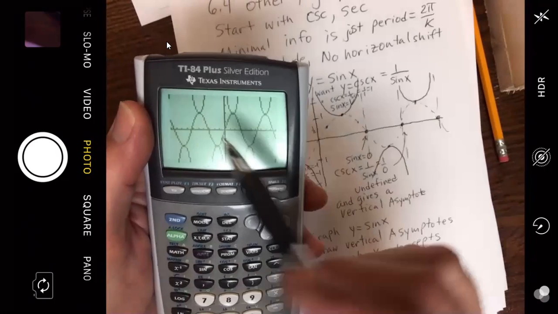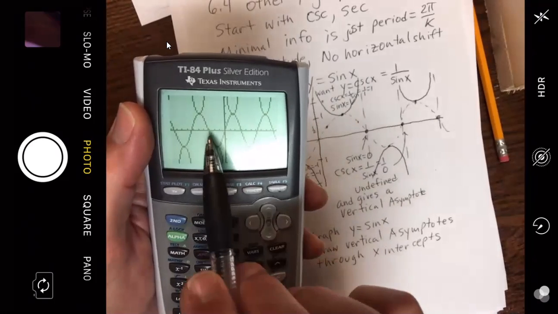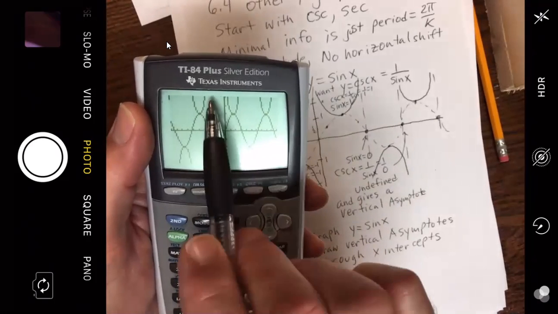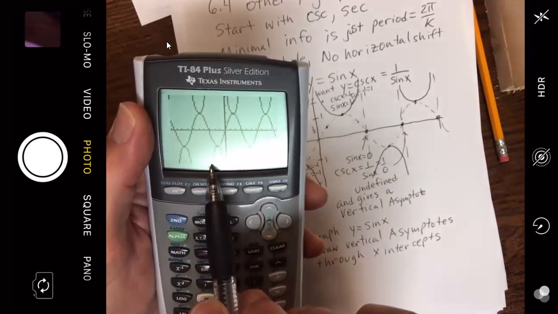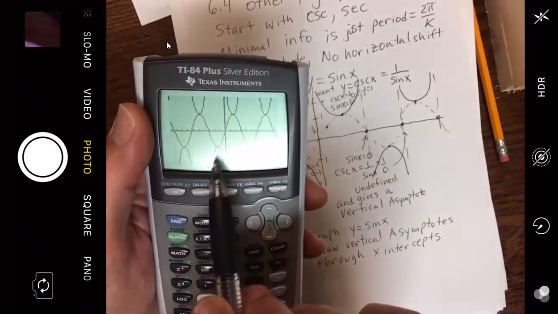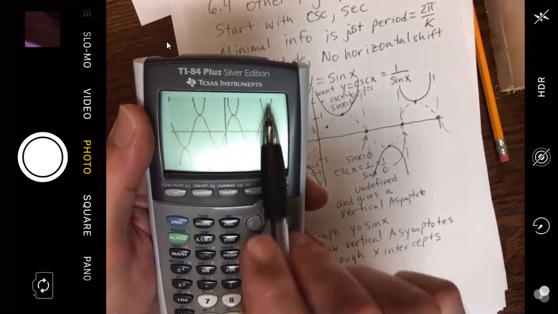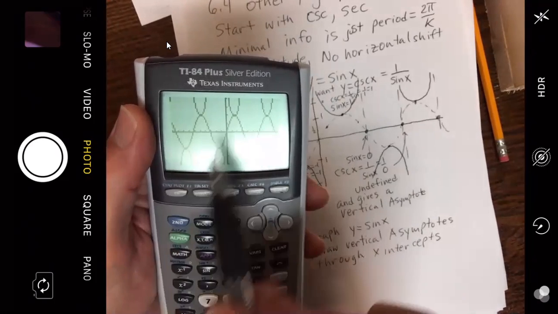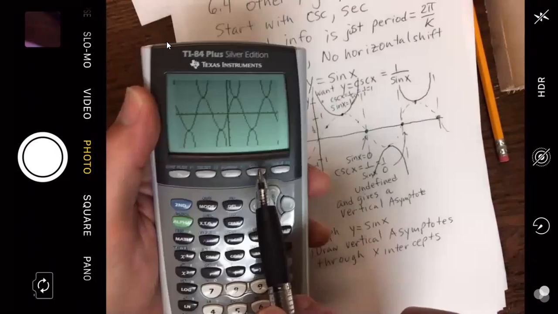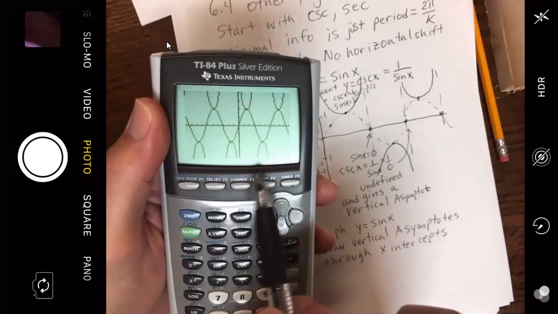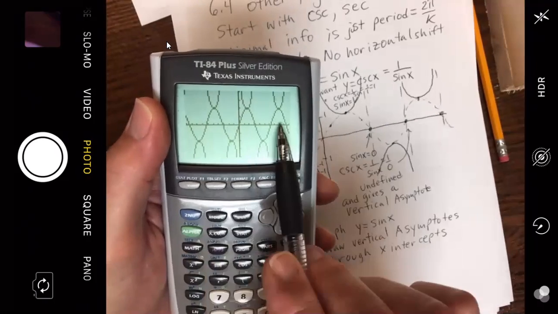The calculator doesn't show you the vertical asymptote that runs right through that x-intercept. There's a vertical line right through those x-intercepts. The actual cosecant are these u's, opening up there and opening down there. But it's easiest to line them up and match them with the corresponding sine curve.